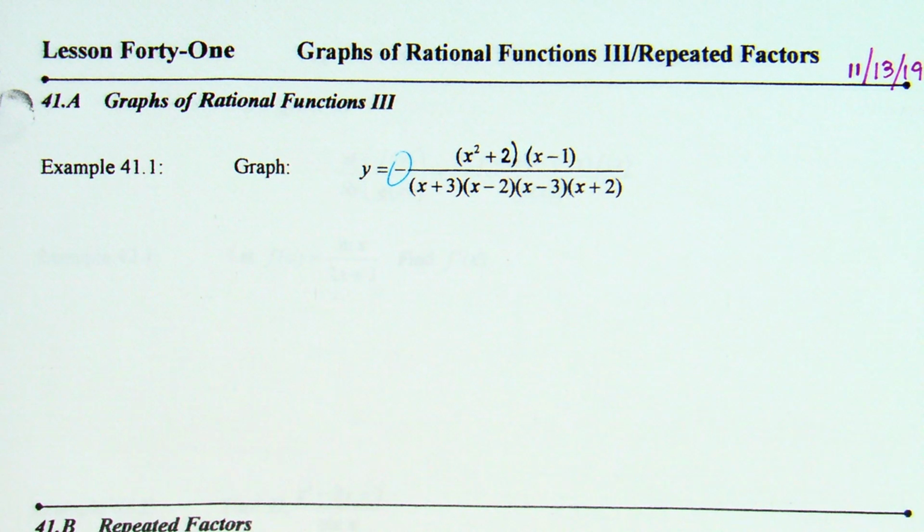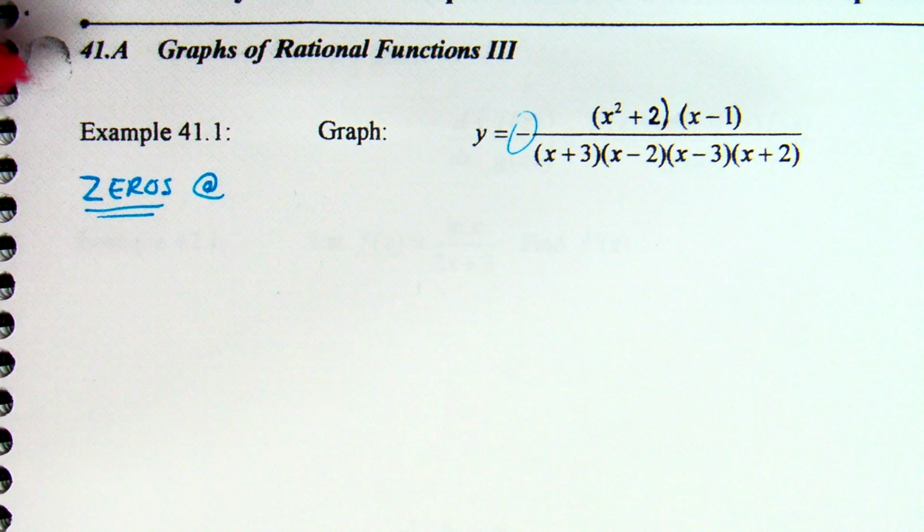Let's start with zeros. Zeros at where? I agree with the 1. Yeah. Okay, so how do we find our zeros? We set the numerator factors equal to 0, right? So the x minus 1 on top means there's going to be a 0 at x equals 1.